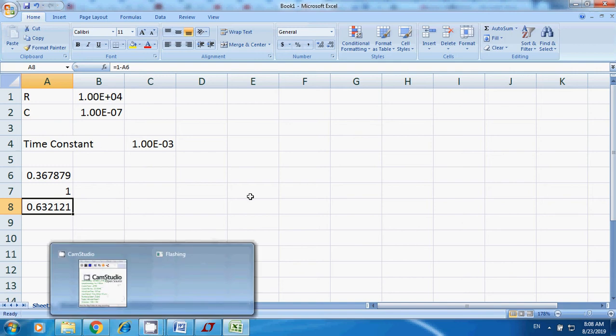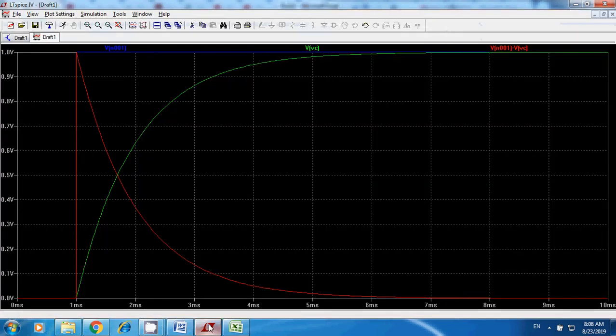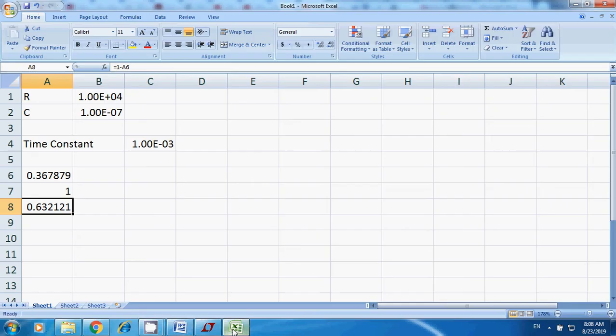Let's see what's wrong here. You have this one to be what? The time constant is 1 millisecond, right? But why do we have like 2 milliseconds? R equals 10K, that's correct. C equals 0.1 microfarad.